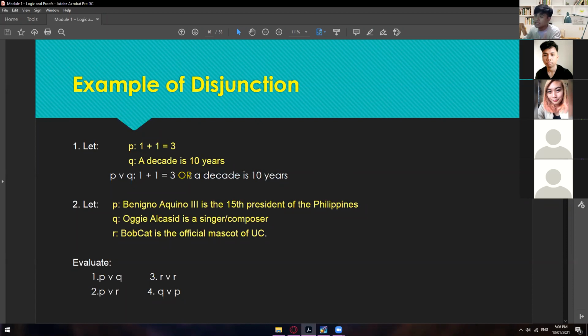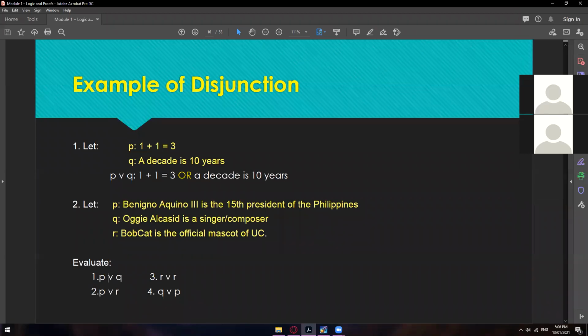Kanina napalitan, nag-and to. So ito napalitan lang na into or. And then number 2, same lang din yung mga examples natin. Benigno Aquino III is the 15th president, hanggang sa Bobcat is the official mascot of UC. All that has changed are the symbols, wherein letter V is a disjunction or an or. Sobrang dali na lang nito.